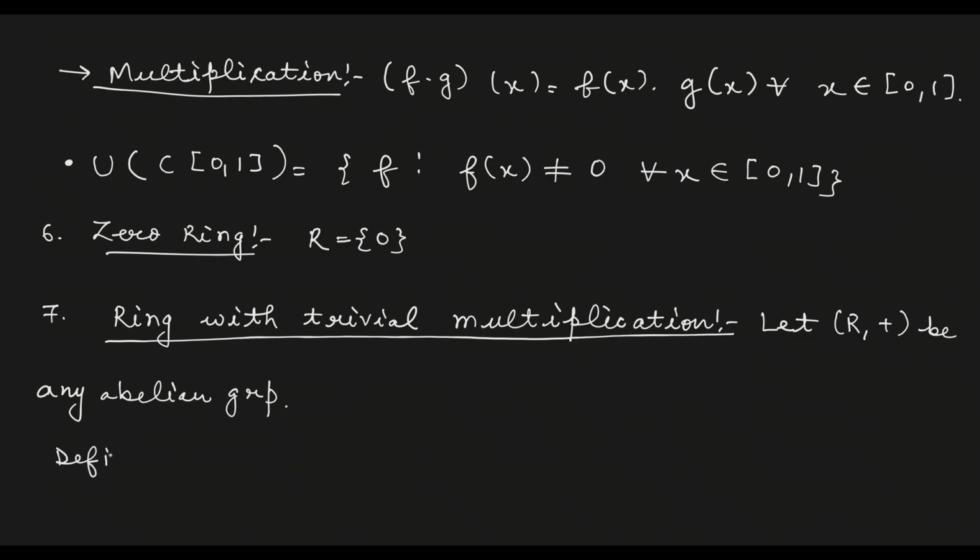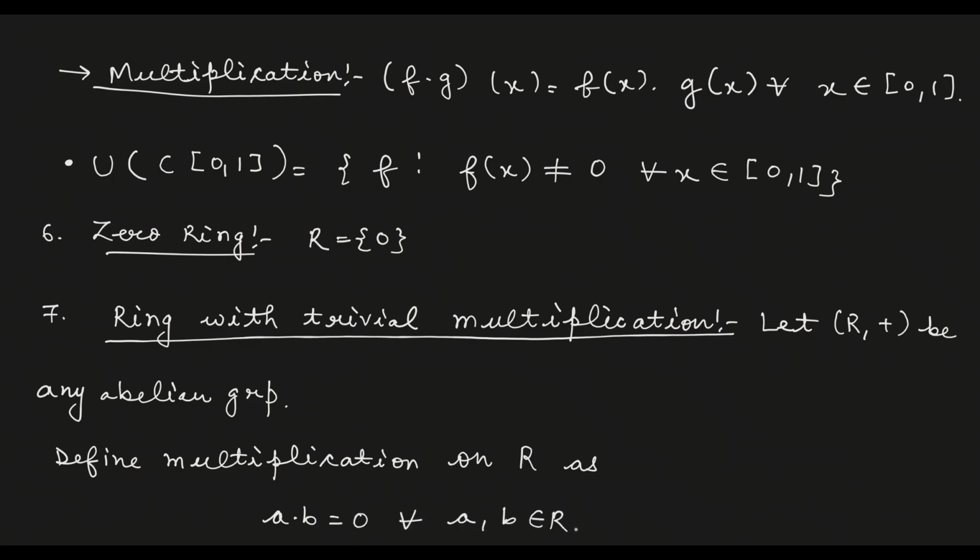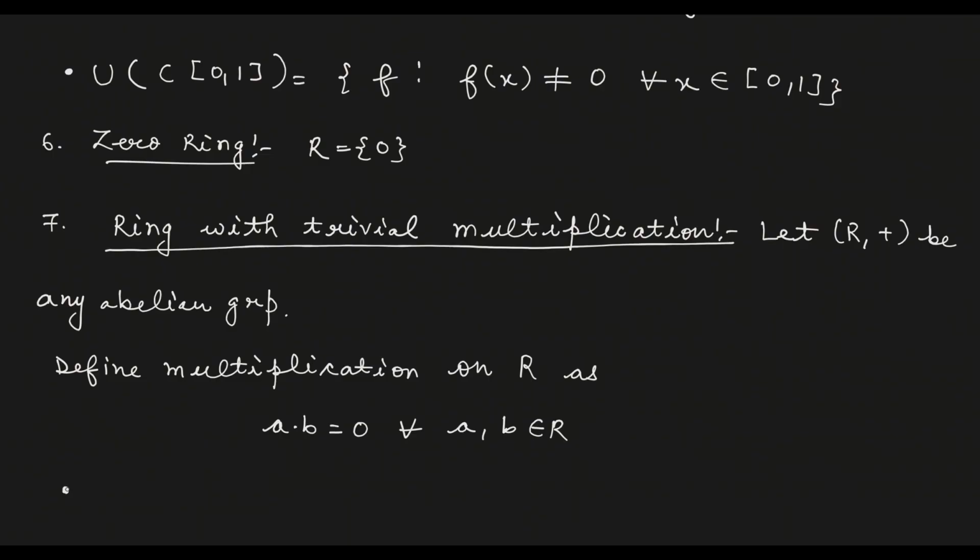Define multiplication on R as a into b equal to 0 for all a, b belongs to R. So it's a commutative ring without unity.